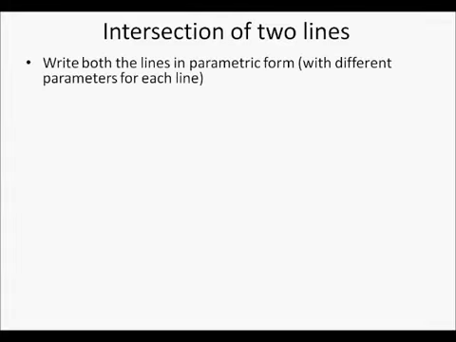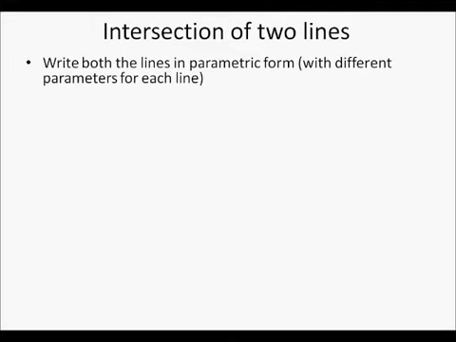Intersection of two lines. How do you find the point of intersection of two lines? First of all, you write both the lines in parametric form, with different parameters for each.